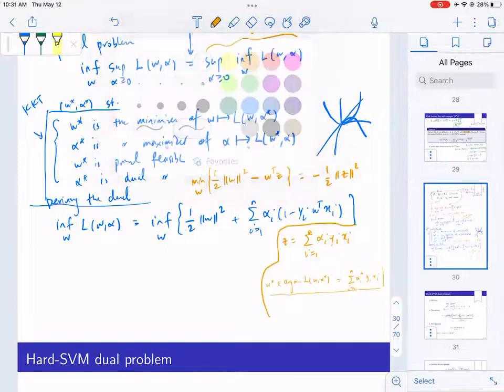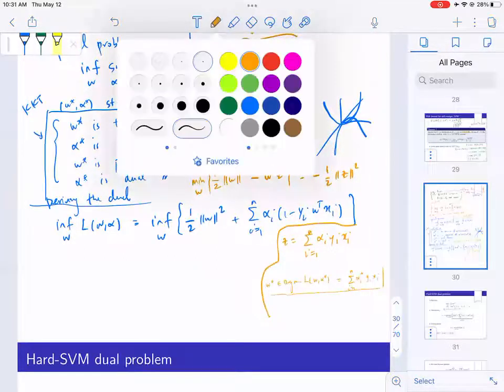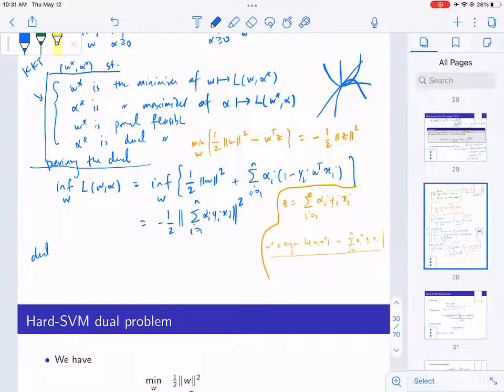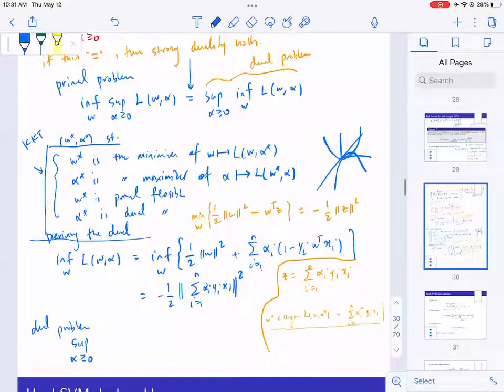So this thing turns out to be just negative 1/2 the squared norm of the summation i from 1 to n of alpha_i y_i x_i. And then the dual problem is just max, or sup, you can write it, over alpha greater than or equal to 0 of this dual function. Call this phi.